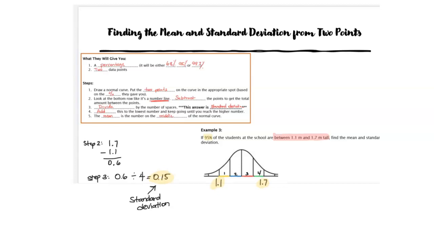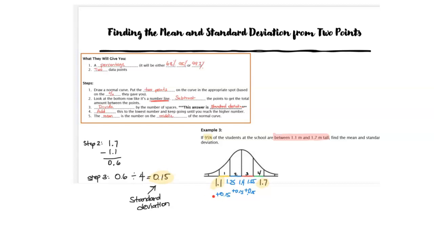So we're going to add 0.15 to our 1.1. And when we've added 0.15 to 1.1, we get 1.25. Adding it again, plus 0.15, we'll get 1.4. And adding it one more time, 0.15, we will get 1.55.